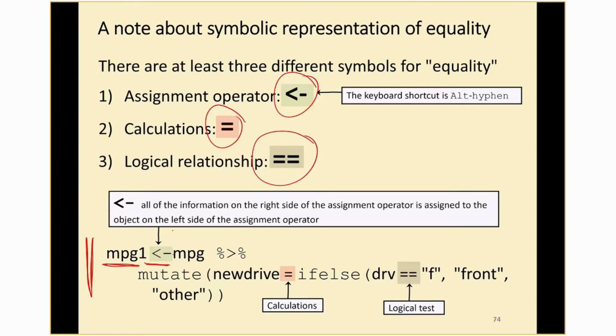So you think of MPG1 as going to consist of everything that's to the right of the assignment operator. Down here, we've got some mathematical calculations, and here, note the difference between a single equal sign and a double equal sign, we have a logical test. So we're performing a logical test, and we're asking the question, is the value of drive exactly identical to the value f?